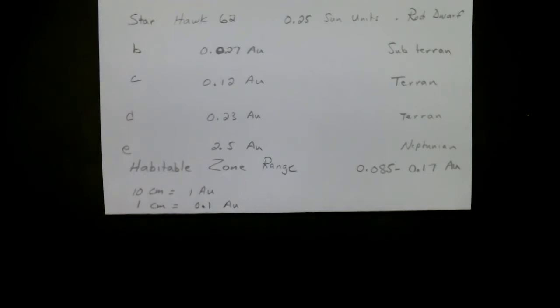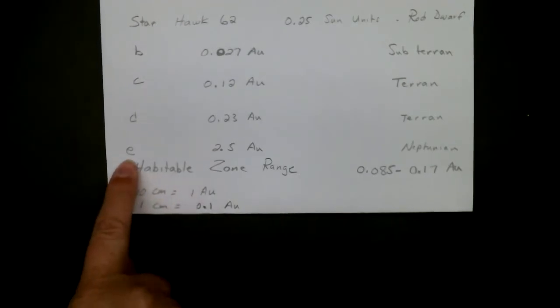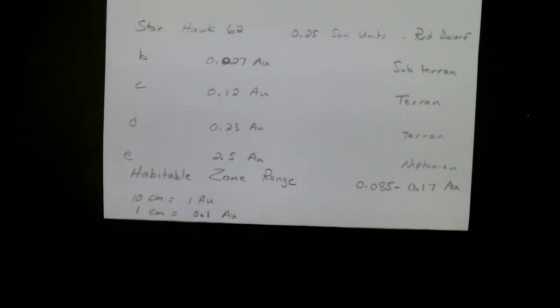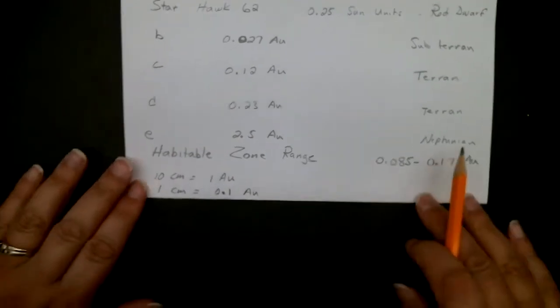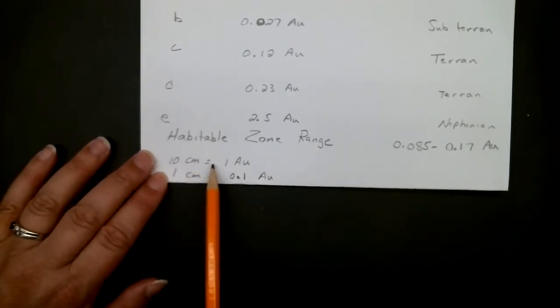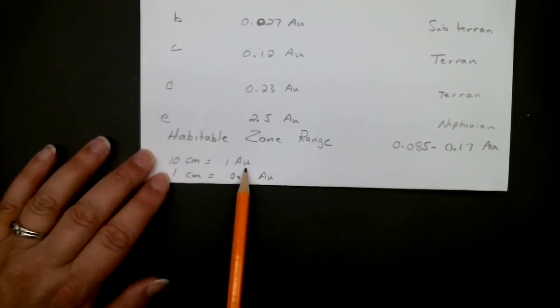You can either work with a strip of paper and then cut it down afterwards, or you can cut it at the beginning. How you determine this is, you find the object that is its greatest distance from its star, and for me it's planet E at 2.5 astronomical units, and we are going to use as our scale 10 centimeters equal to 1 astronomical unit.